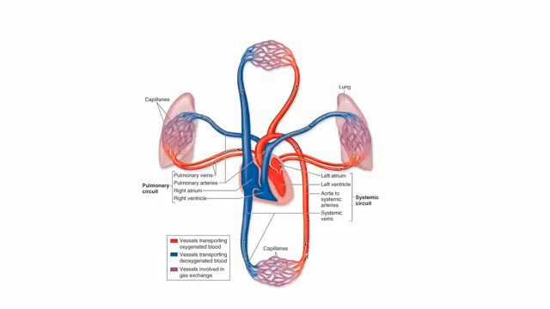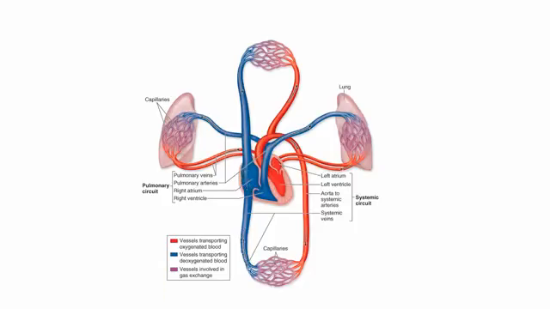The body then uses up all this oxygen through muscular contractions and various other things, respiration, and then once the cells and tissues of the body are done with the oxygen, the blood is returned back to the heart. Blood returns back to the right side of the heart.